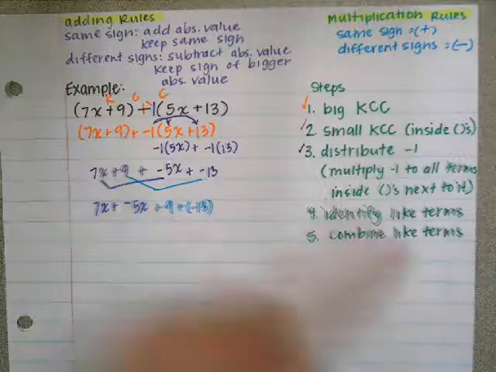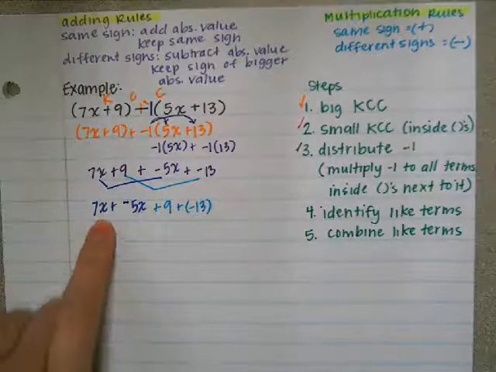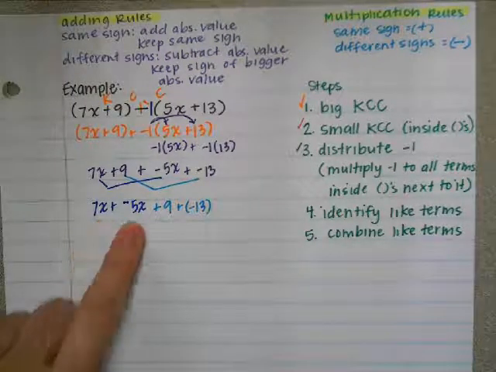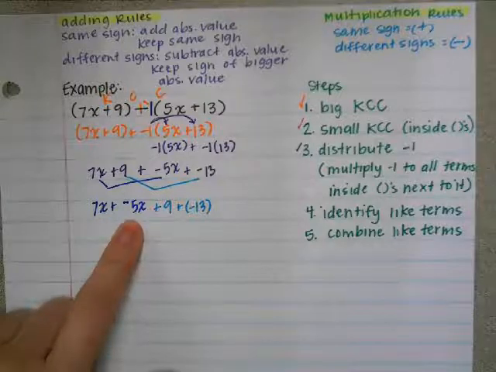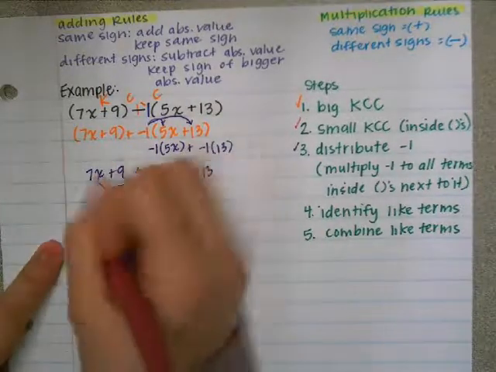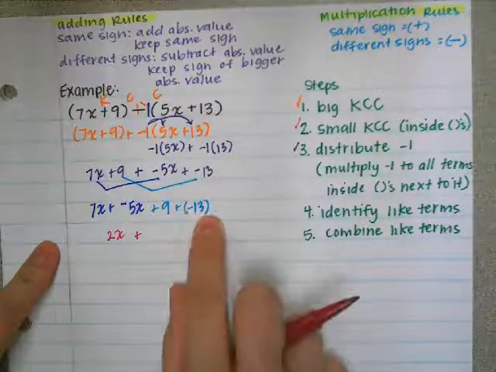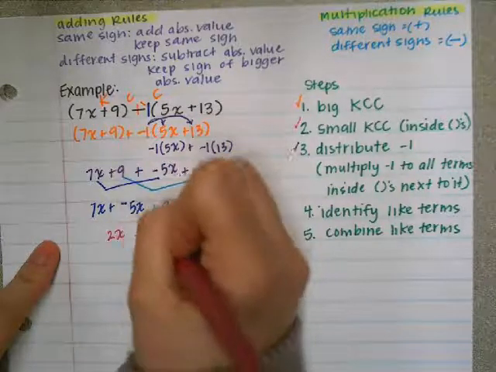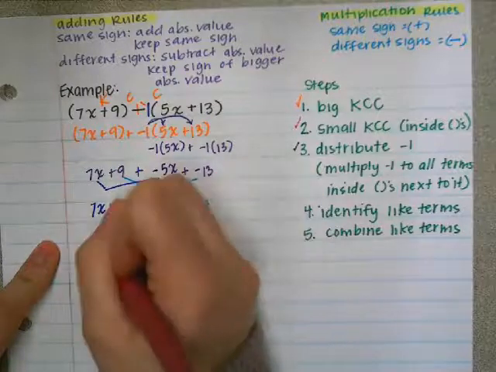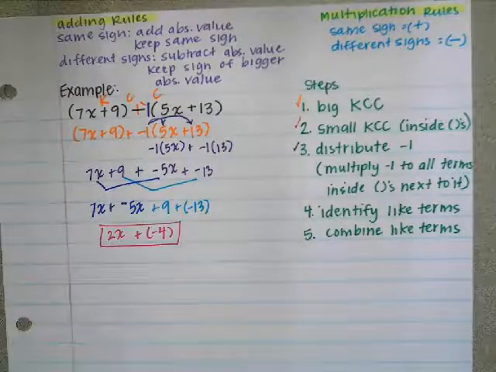Combine like terms using the adding rule. So I'm going to add the coefficients here, 7 and negative 5. 7 plus negative 5 is 2x, plus 9 plus negative 13 is negative 4. So 2x plus negative 4.